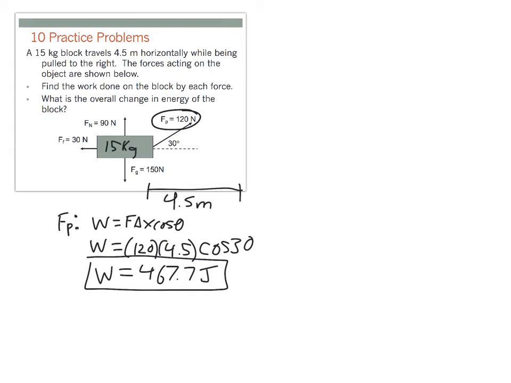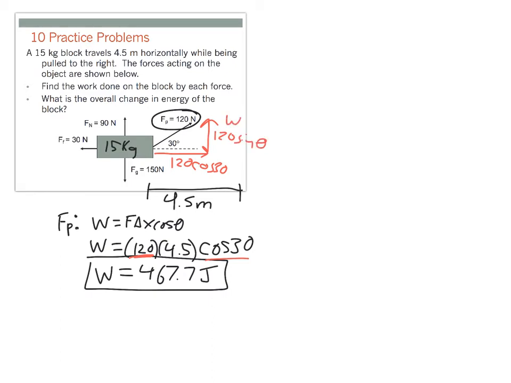The other thing that you can think about, though, is if we did break it into X and Y, this X component would be 120 cosine of 30, which is ultimately what we ended up doing here, 120 times cosine of 30. And that component, the X component, is the one that really does the work, okay? The Y component, which is the 120 sine of 30, is perpendicular to the displacement.